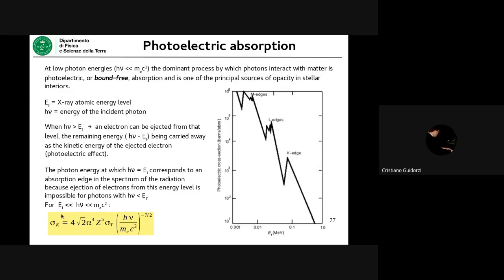In this case, the cross-section of the corresponding photoelectric effect has this formula here, where alpha is just the defined structure constant. Again, what gives you the scale is the Thomson cross-section. That's why it's so ubiquitous, I would say. It's really important. And as I told you, you see the huge dependence on the atomic number.